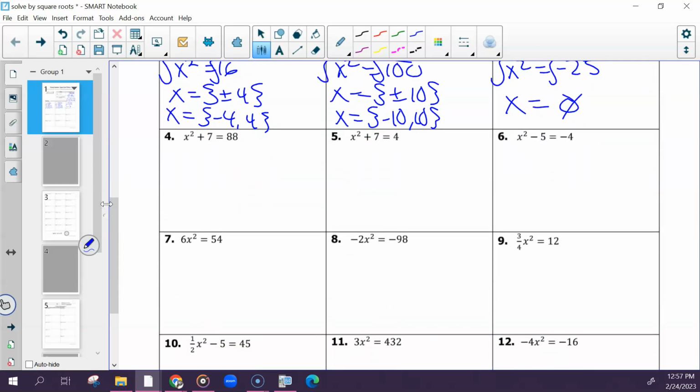Then you'll have some that aren't equal to 0, but you would do the same thing. If you wanted to make it equal to 0, you could move it, but then you would just have to move it again, so I'm not doing that. Subtract 7 on both sides.